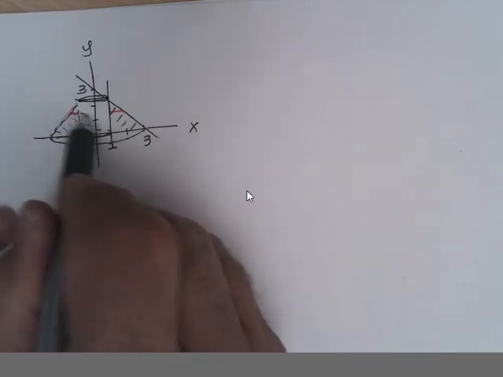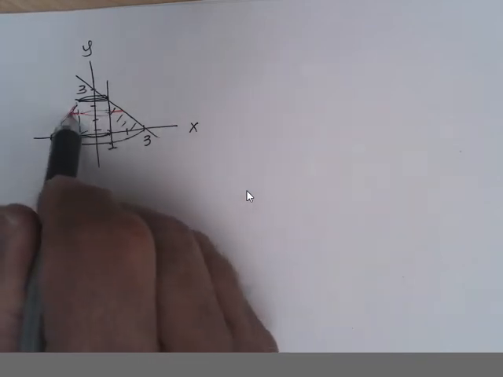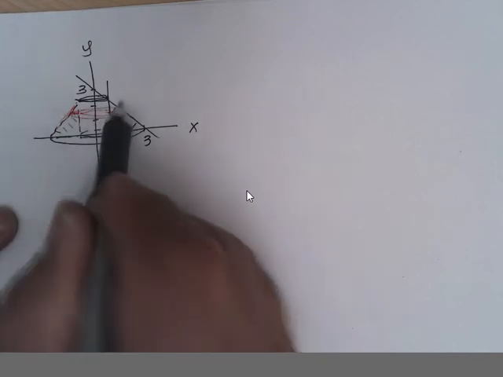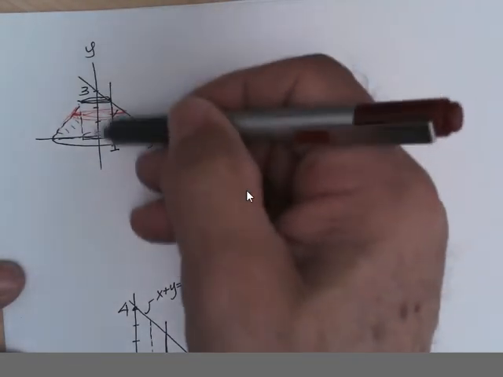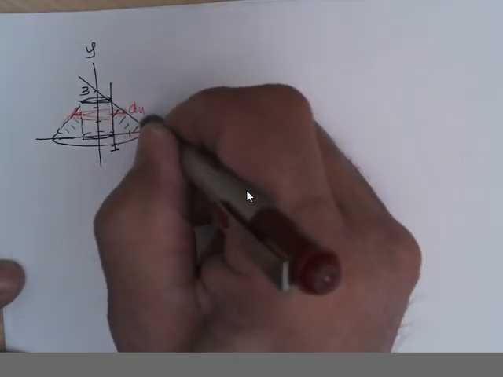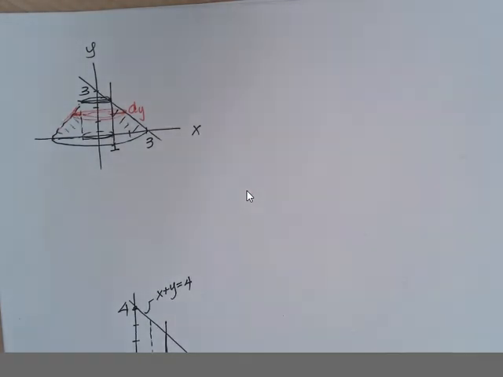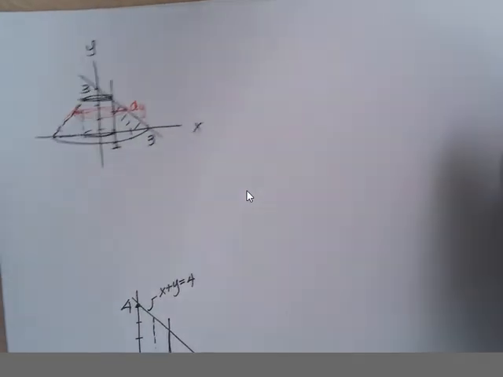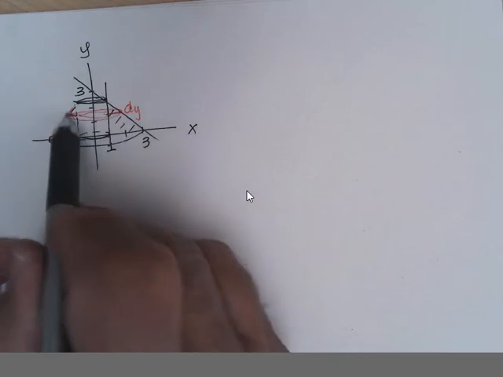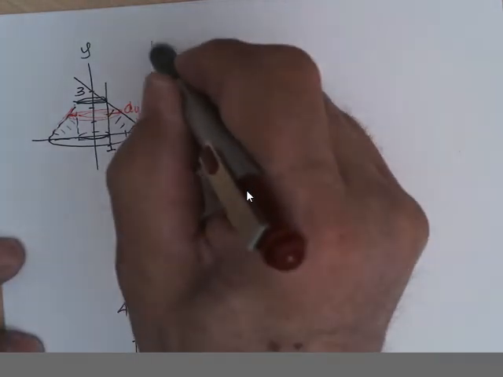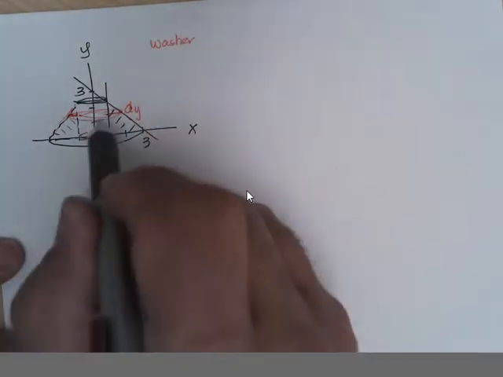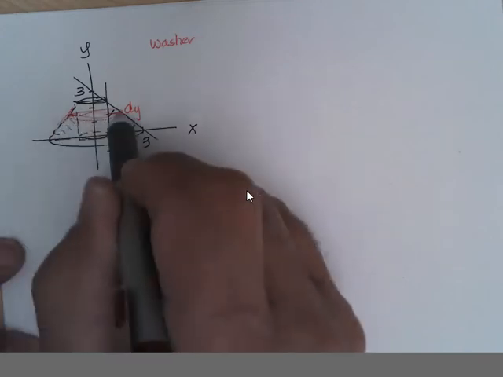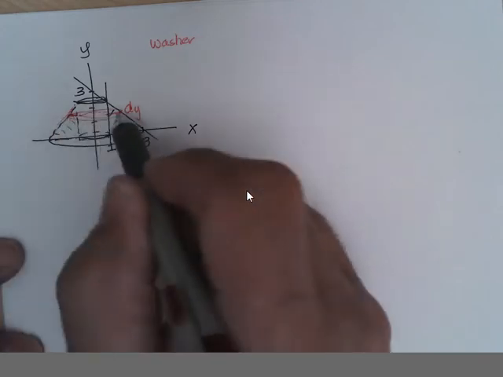And as you can see here, I'm trying to show it, its thickness is up and down, so it's a dy thickness. And we're going to find the volume of just the washer, which is going to be the whole disk minus the inside.